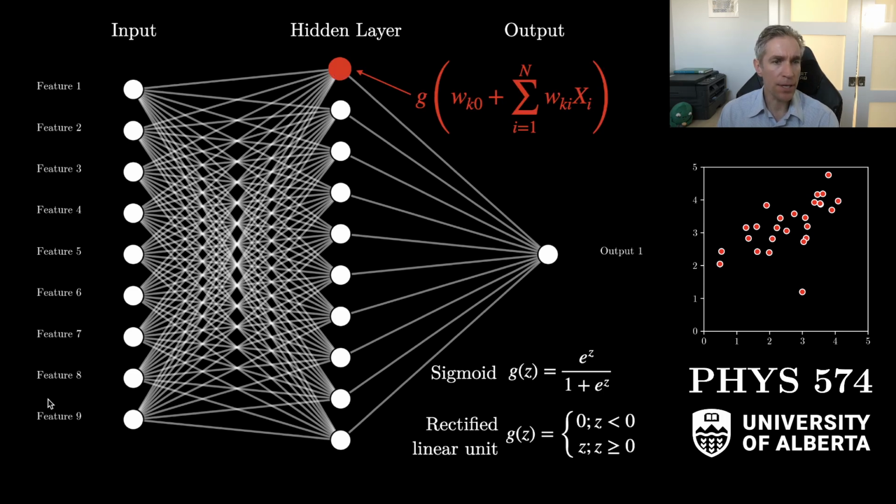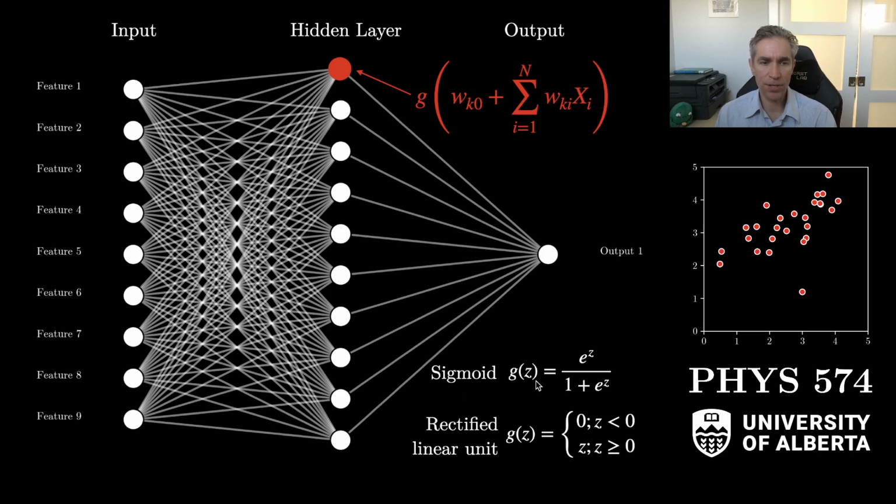Each one of these neurons accepts from these 9 features. Every one of these contributes to this one neuron up here in the hidden layer. I have some weights that I'm going to pick somehow, and it's just going to be a linear model of the original data and these weights. And I'm going to apply an activation function to them.